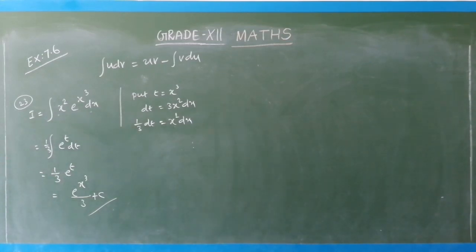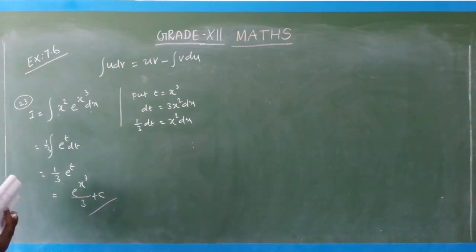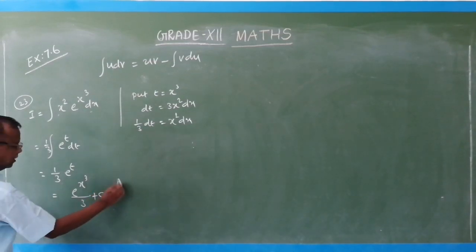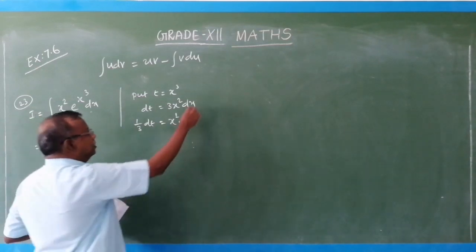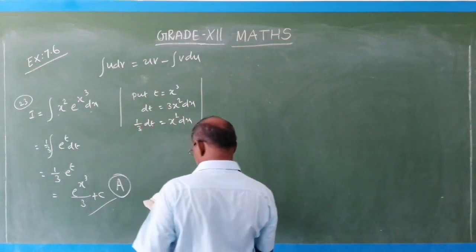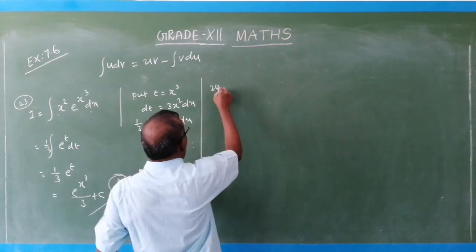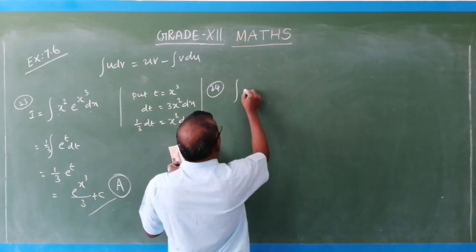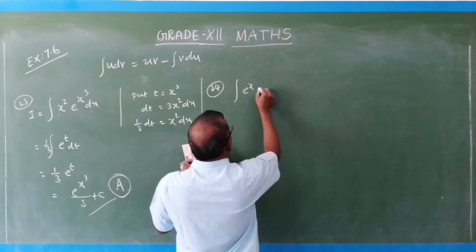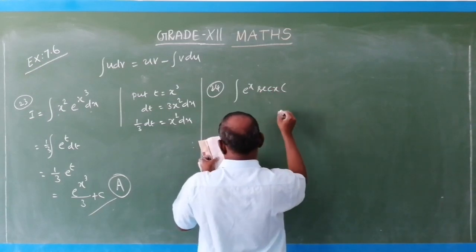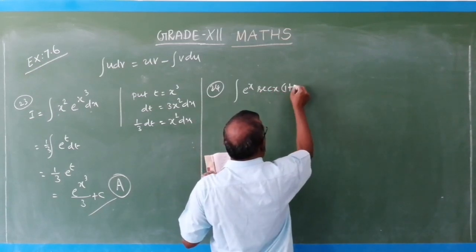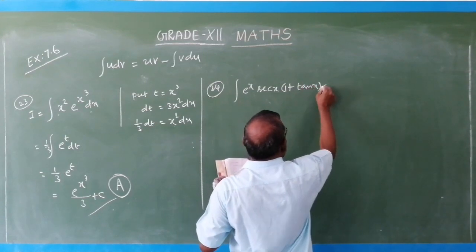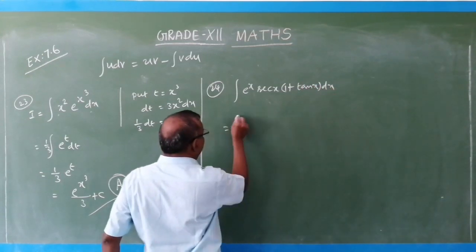So, the option is A. Let us try the next problem, 24. This is integral e power x into secant x into 1 plus tan x into dx.